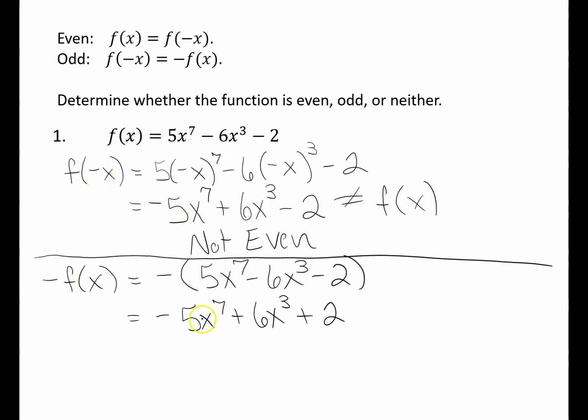Well, the first two terms are the same, the second two terms are the same, but the last term is not. We've got a negative 2 here, a positive 2 here, so it does not equal f of negative x. So it is not odd. If it's not even and it's not odd, the answer is neither.